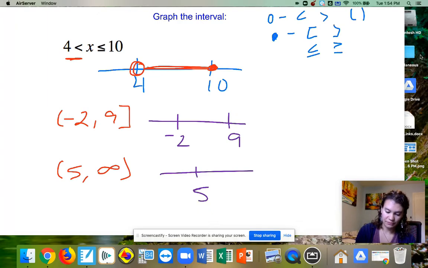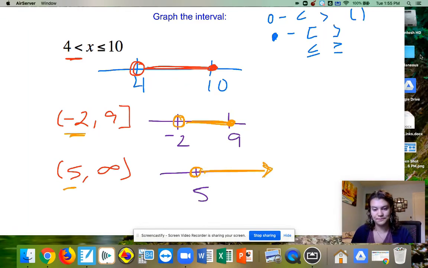So if we do this first one, at negative 2 we have an open circle, and then at 9 we have closed. So again, parentheses is open circle, the bracket is closed. Here at 5 we have an open circle, and then we're just going to keep going on forever. So you can just draw it like this with an arrow.